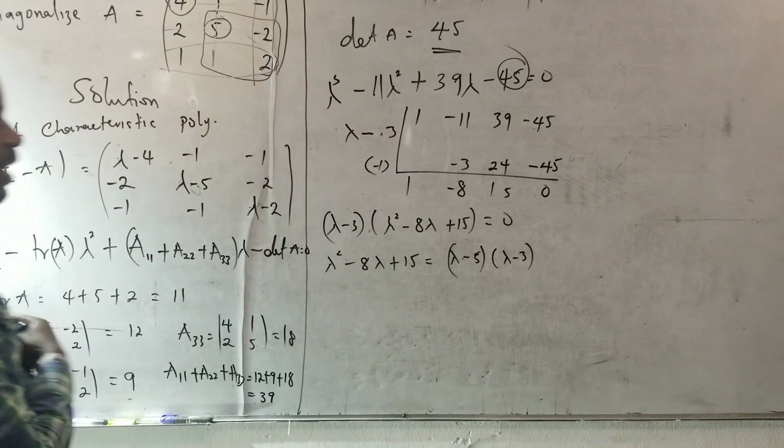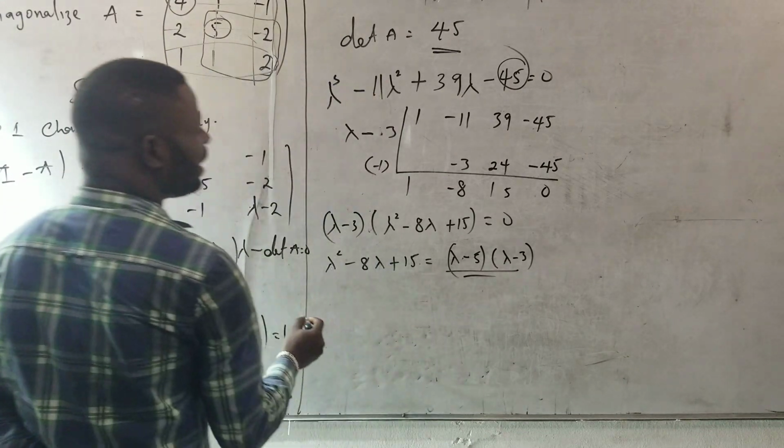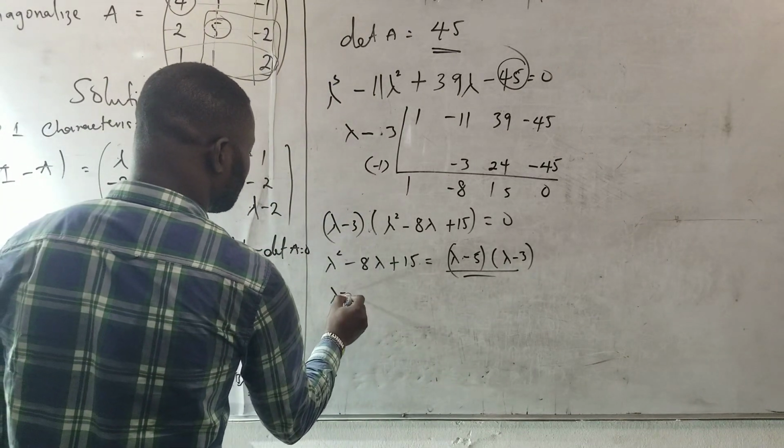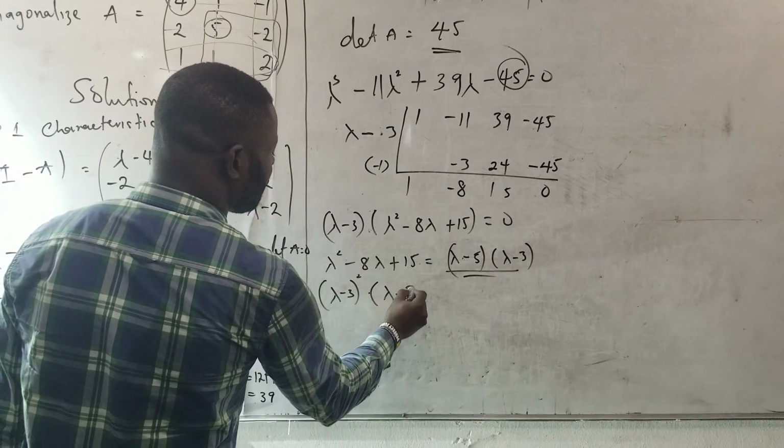That is what we factor with it. You can try that by yourself. Now, by so doing, I have lambda minus 3 squared and lambda minus 5.